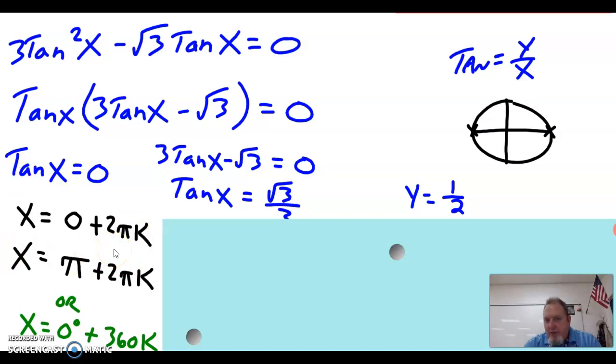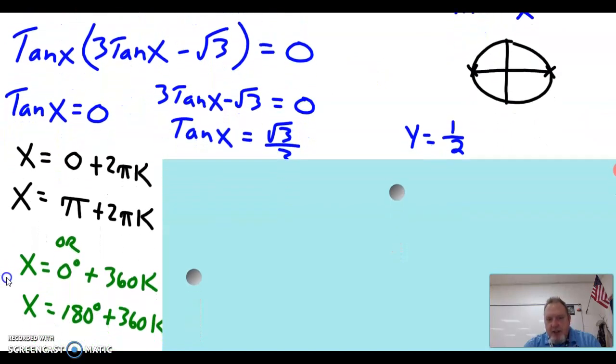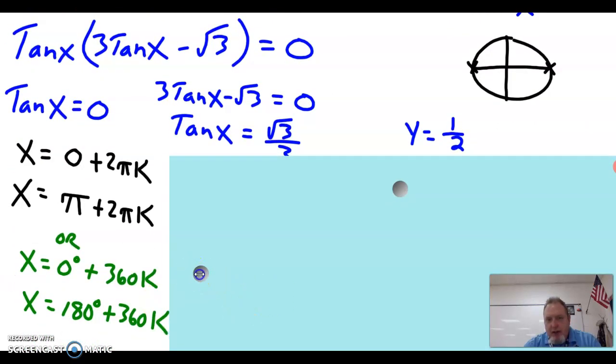Now, if you happen to say that in degrees, because they didn't specify, then we would add 360. So you can see here, if you chose degrees instead, it would be 0 plus 360k, 180 plus 360k. So again, that's every multiple of 0 and pi, or every multiple of 0 and 180. We keep getting back to these 2 points where tangent is 0.